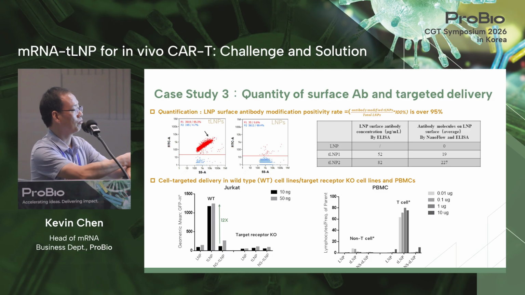And for another group, we knock out the receptor for the CD7 in the JACA cells. So basically, there's no receptor in these cell lines, and you can see the TLNP expression significantly drops down. We also test these samples in the PBMC, and as you can see, for the lung-specific TLNP, we observe very low GFP expression.